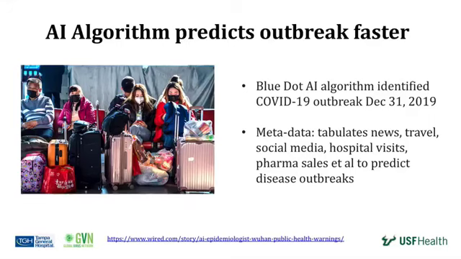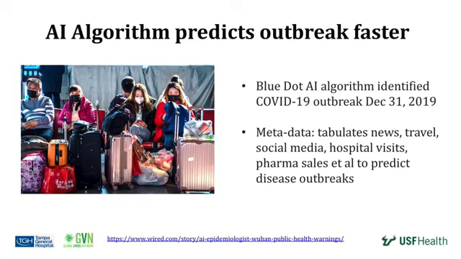This is a good part, I believe, of having an algorithm, through artificial intelligence, that can predict an outbreak faster. This is very interesting. A company called Blue Dot used an artificial intelligence algorithm and identified the COVID-19 outbreak about a week ahead of time.